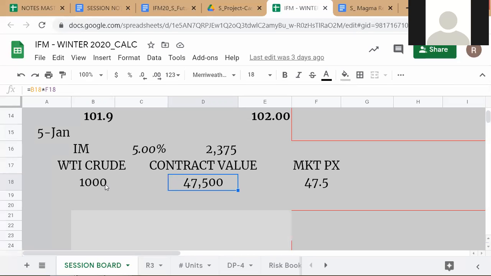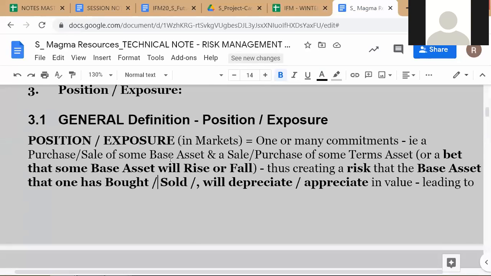So in that sense, it could be said that it is not a purchase of a base asset, and not a sale of a terms asset. Because of that possibility, it's much better to think of it in a more general sense. A position is a bet that some base asset will rise or fall.